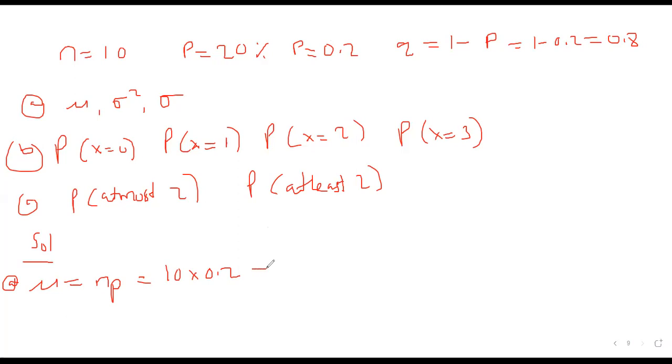So here our mean is n times p, which is 0.2 times 10, it is 2. Our variance is npq. So what is our n? 10. Our p, 0.2. Our q, 0.8. When we multiply these, we're going to get 1.6.